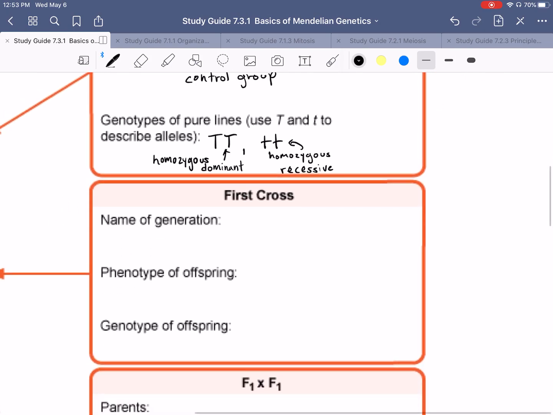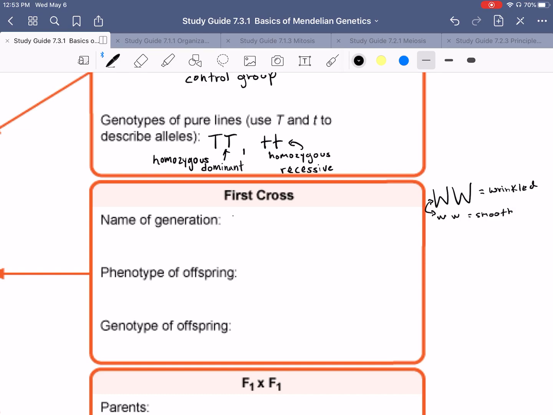So I'll draw that over here. We had wrinkled and smooth, right? So we could say maybe wrinkled would be big W, and little w would be smooth. This is wrinkled. So what he did was he bred these two together to see what their offspring would look like.